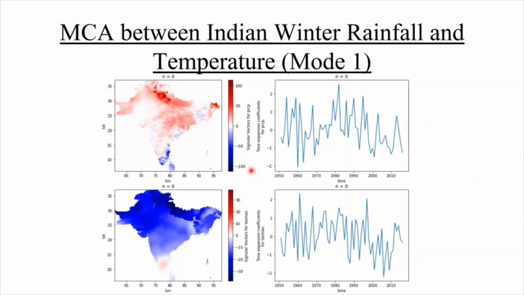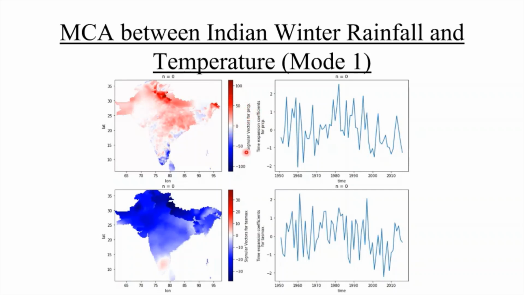Next, moving to MCA results. MCA was performed between Indian winter rainfall and temperature. So first we will show the first mode of MCA analysis. So these are the singular vectors of precipitation and the singular vectors of maximum temperature.